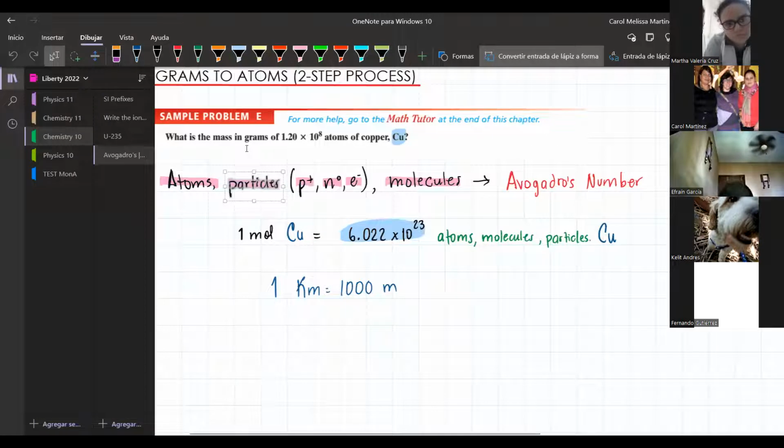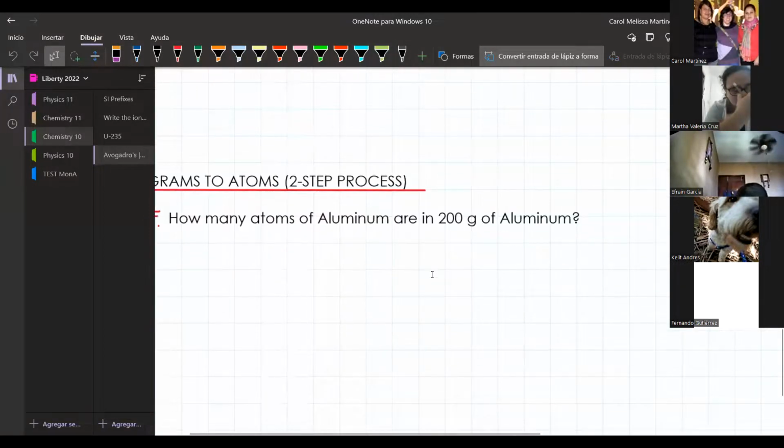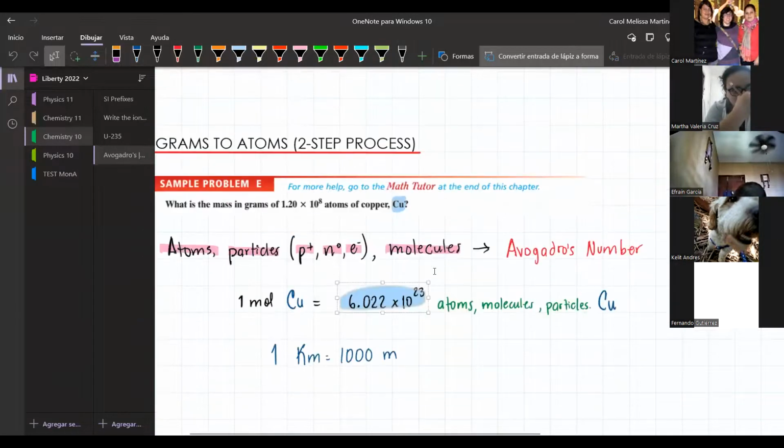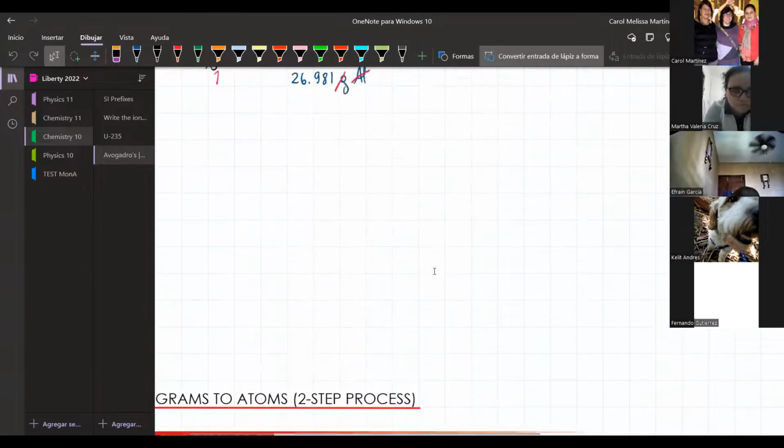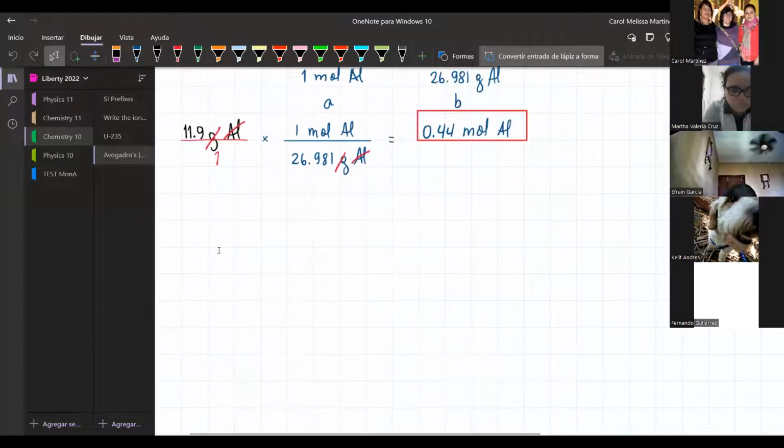Valeria. Miss, I didn't even understand it. It's okay. I'm going to do an example. You're going to see how this is going to work. Well, these are two-step processes. I'm going to do one example before this one, that is going to be from atoms to moles.